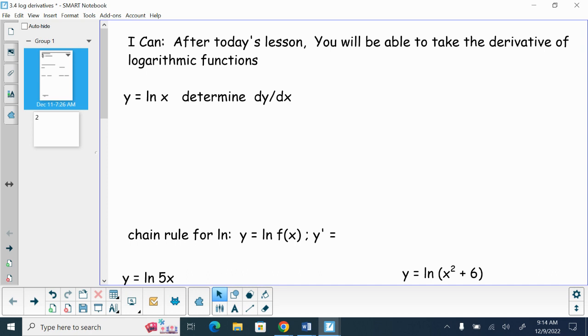Well, what we do know is some properties of logarithms. Well, if I have an ln, the ln is a log base e of x.